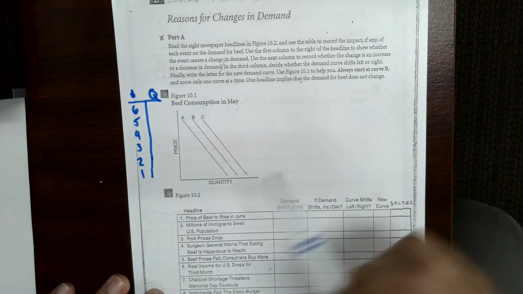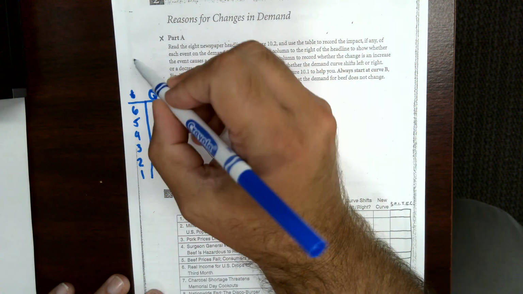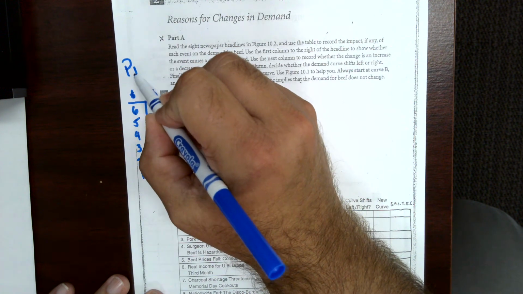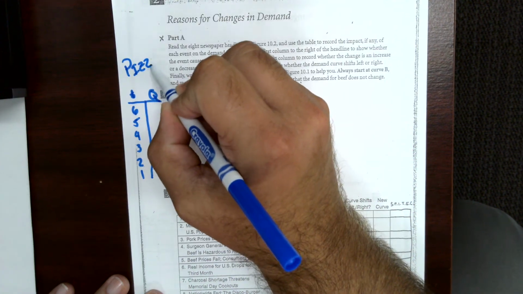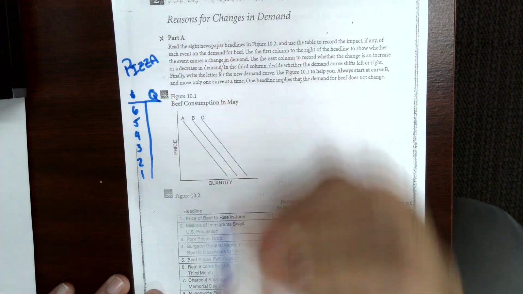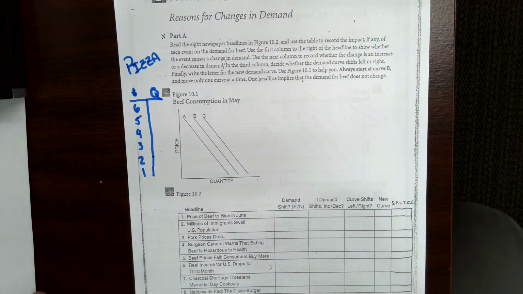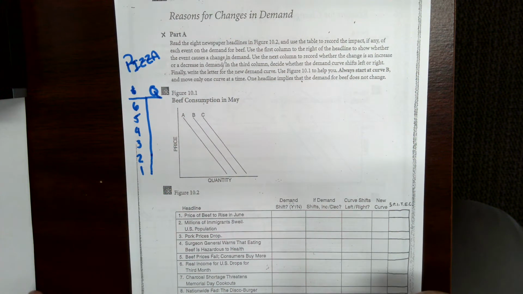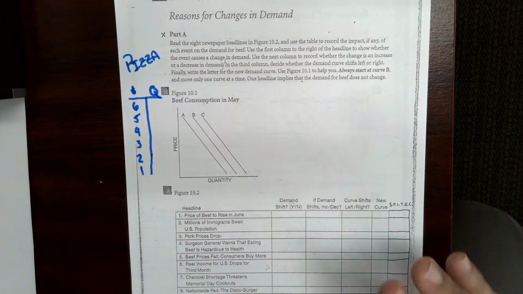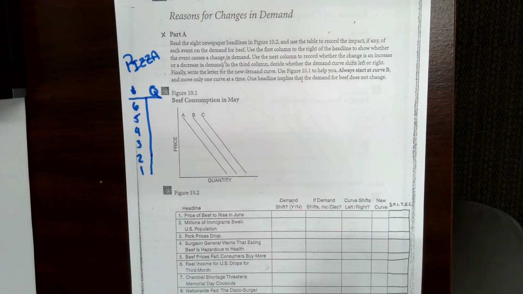So what we're going to look at is a slice of pizza. The pizza itself doesn't matter, whatever type it is. Whatever you think pizza is, that's what it is. Thick crust, thin crust, big triangles, small triangles, rectangles, whatever. That's the slice of pizza.